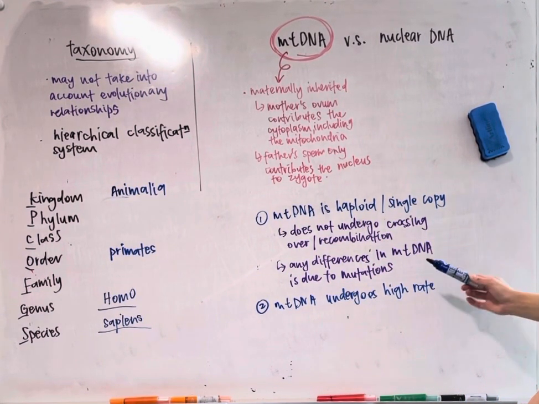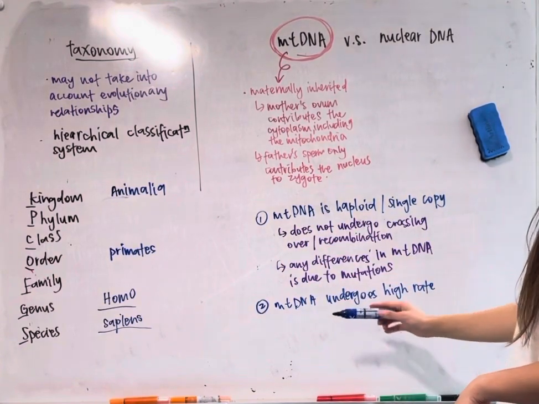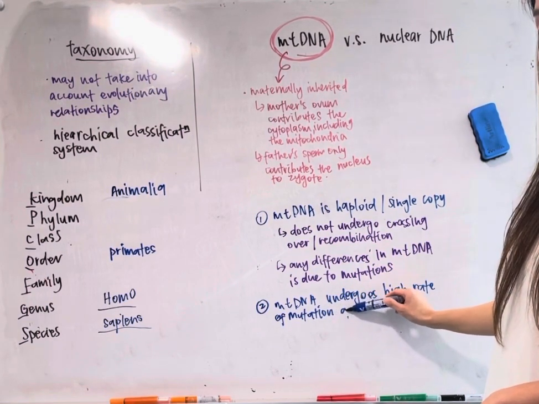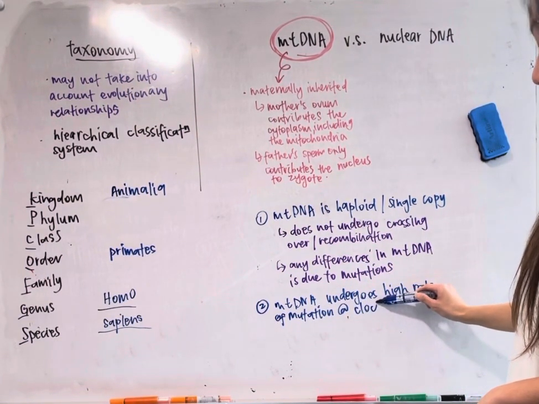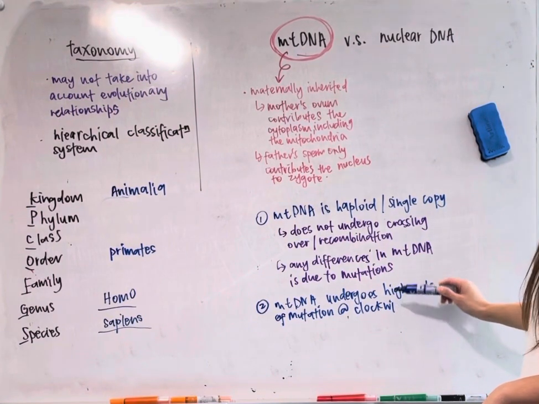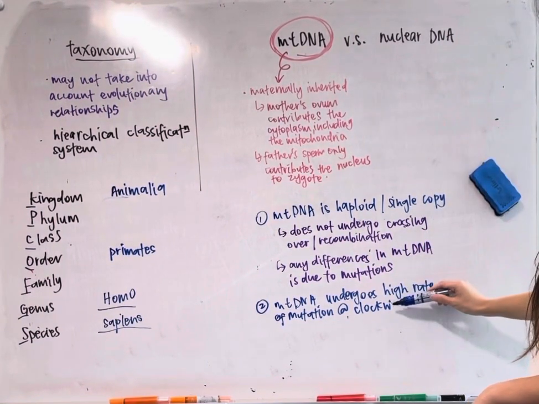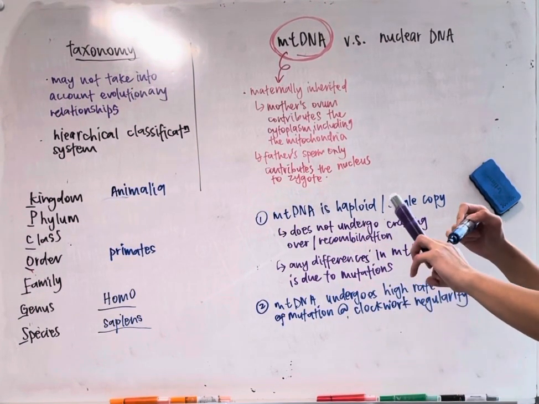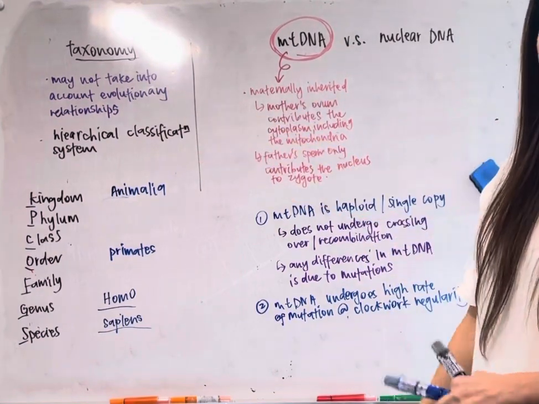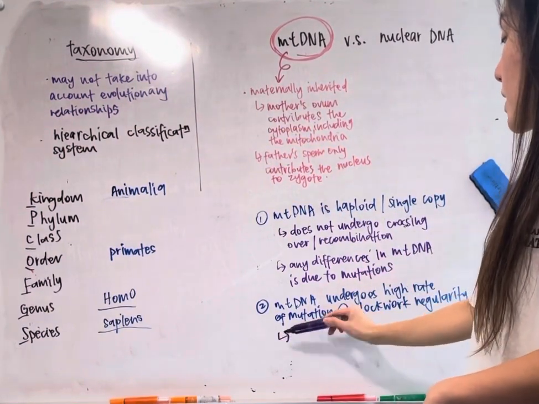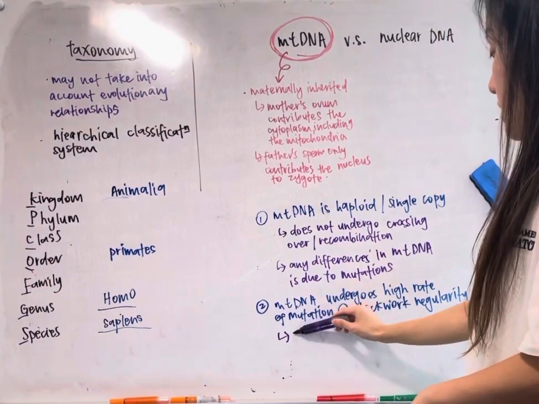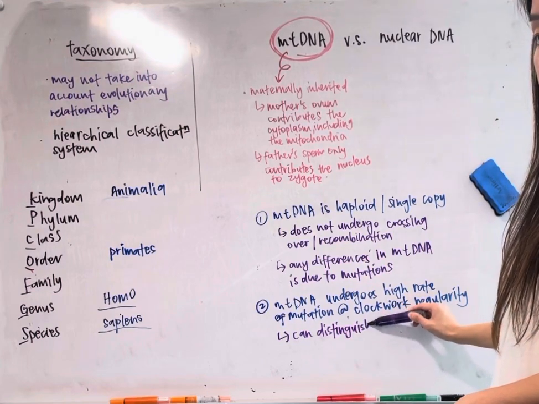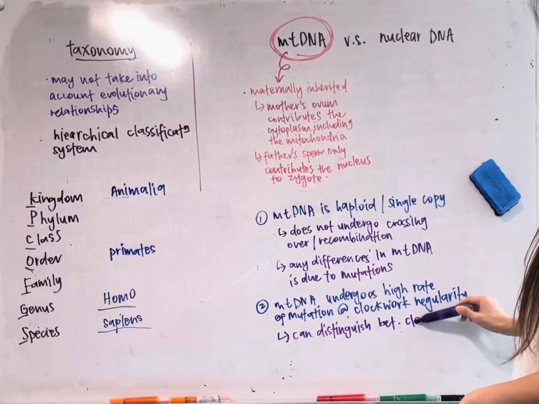And not only that, it's a clockwork kind of regularity. You can estimate the time of even speciation. So two advantages from this. First one, can distinguish between closely related species.